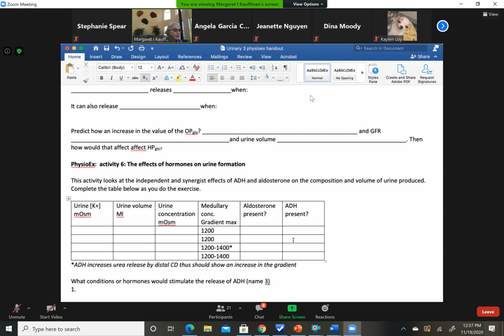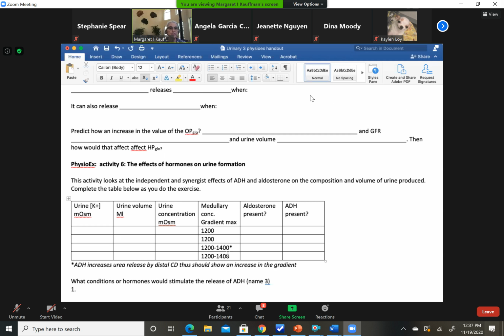Okay, then we add ADH, I think, on the third one without aldosterone. So ADH being added, and you see that, again, the potassium goes way up in that case. What's happening is its number is going up, not because of secretion of potassium, but because water is leaving, and therefore potassium concentrations are going up.